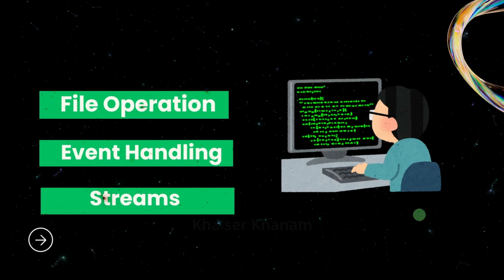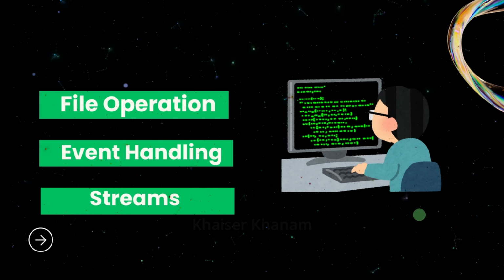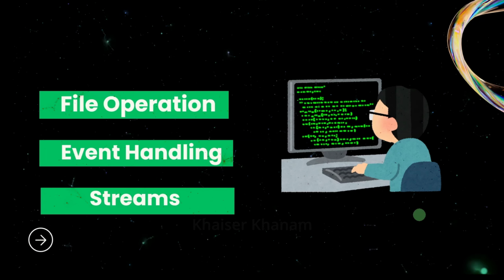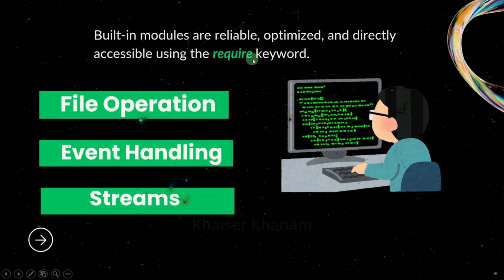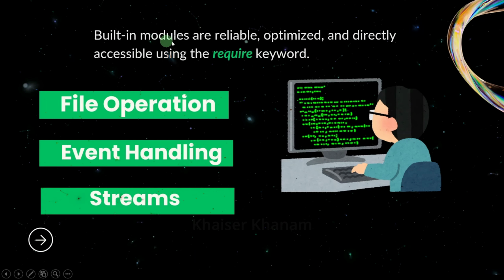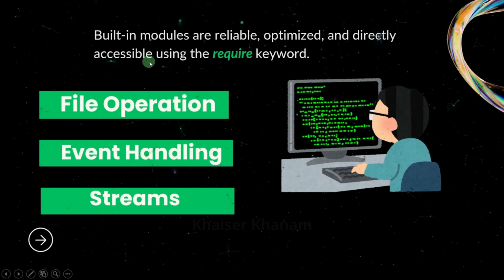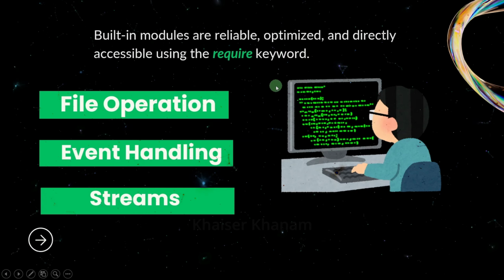Now you might ask, if they are pre-installed, then how do we require this module in other files? For that, we simply use the require keyword. Built-in modules are reliable, optimized, and directly accessible using the require keyword.